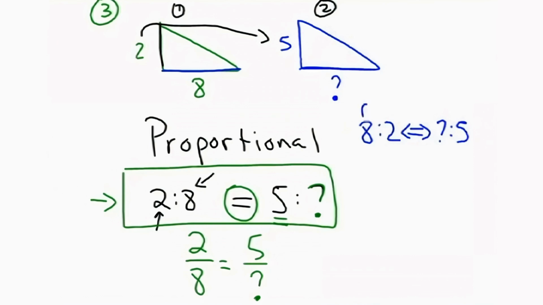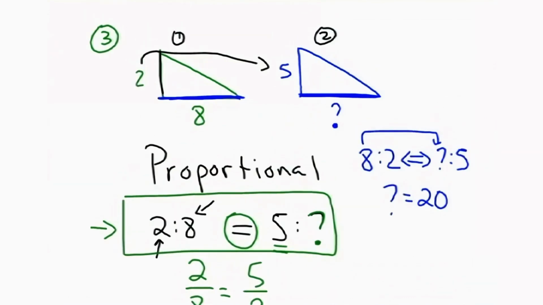As long as the first things written are the parts that correspond, solving that ratio will still give us that the value of the unknown is 20. So that should give you an idea of, and a little refresher on, ratio and proportion and how they work.